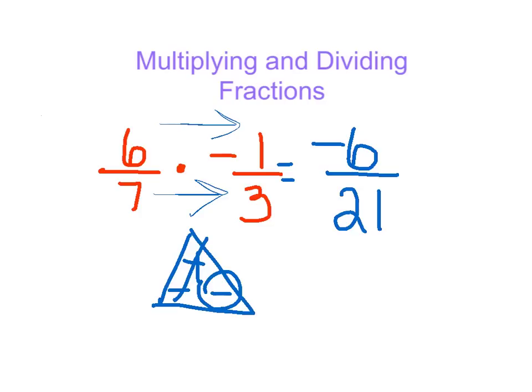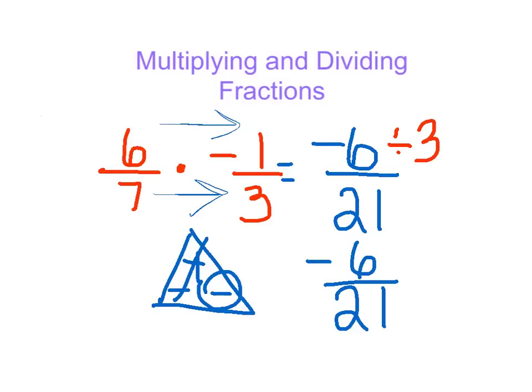I, of course, need to simplify. I'm going to write this twice so that I can show you the two ways that we like to simplify. The first way for simplifying is using the giant 1. If I look at 6 and 21, I ask myself, what can both of those numbers be divided by?